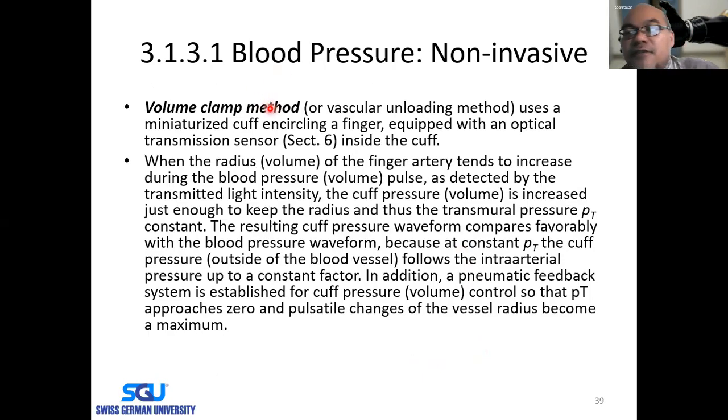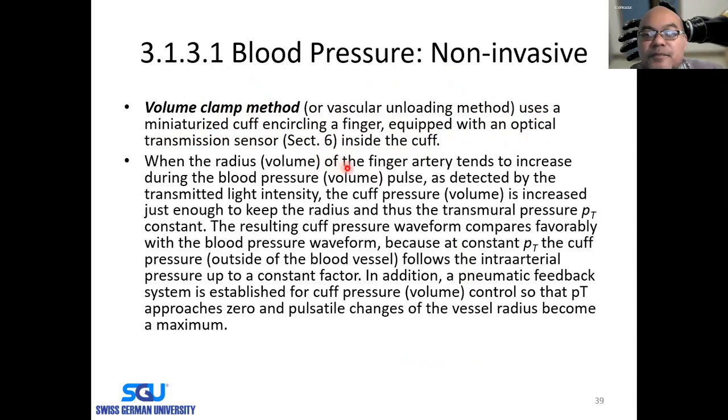Another method of non-invasive blood pressure measurement is called the volume clamp method or vascular unloading method. This uses a miniaturized cuff encircling a finger, for example, that is equipped with an optical transmission sensor inside that cuff, an optoplethysmograph.